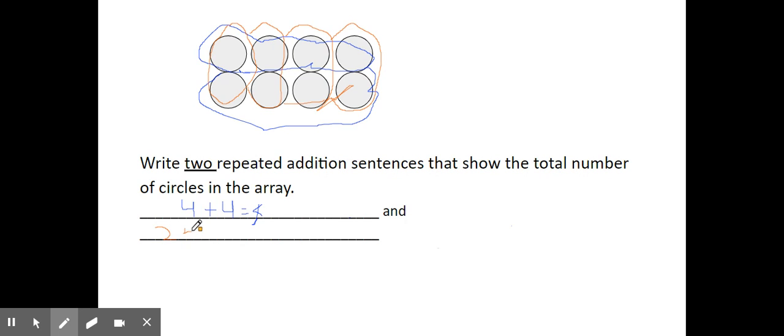So I'm going to add 2 plus 2 plus 2 plus 2. And again, I'm sorry that my writing is messy. It's hard on the computer. So I'm adding 2 four times for all the columns. And altogether, that equals 8 again. Great job.